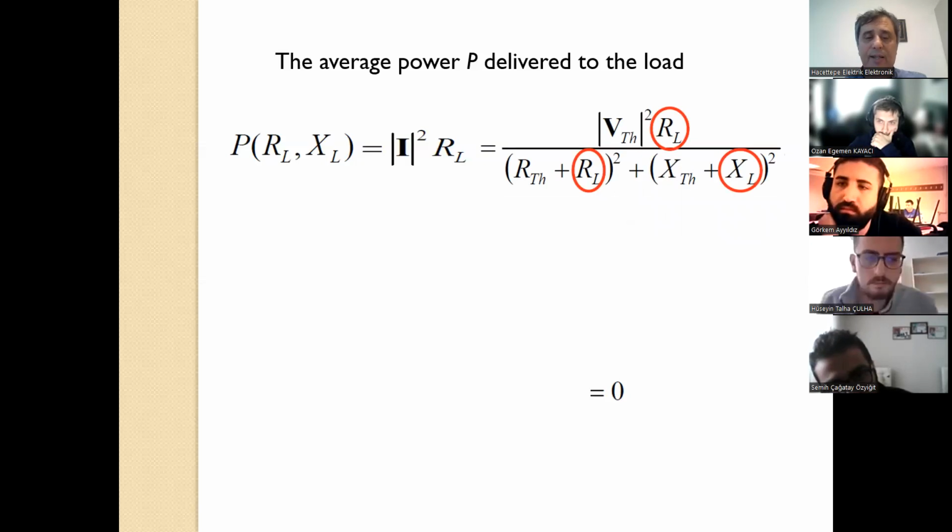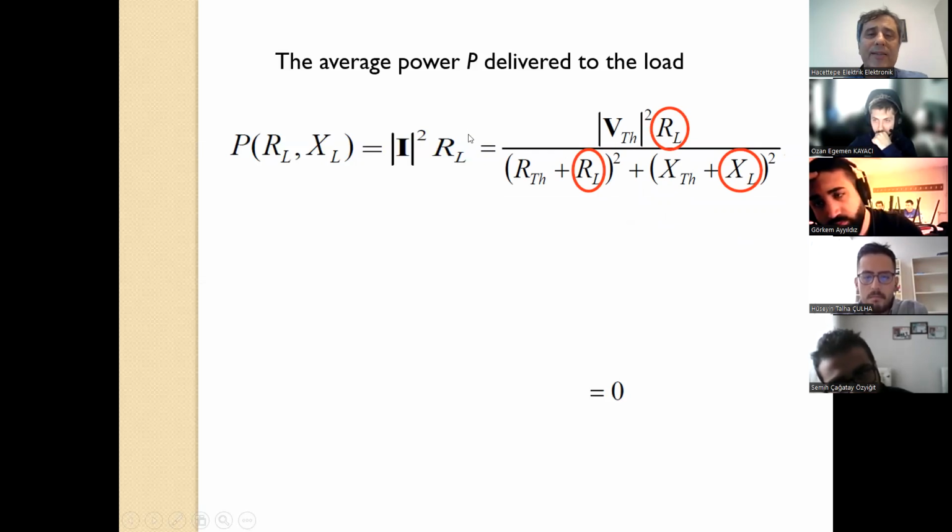Right here, now I'm going to define the square magnitude of the current. The rest is first the current magnitude, then getting the square, so the square root at the denominator will be cancelled out.